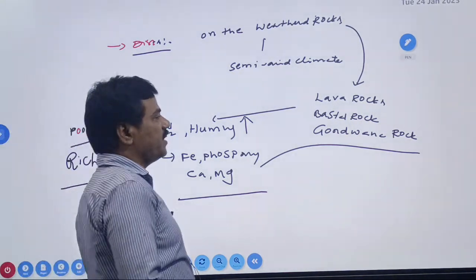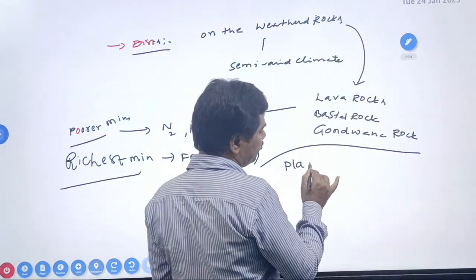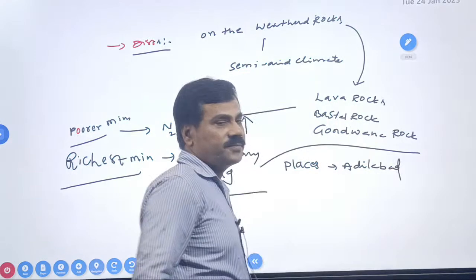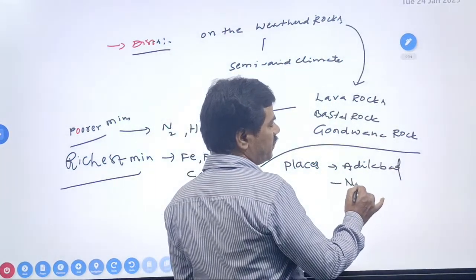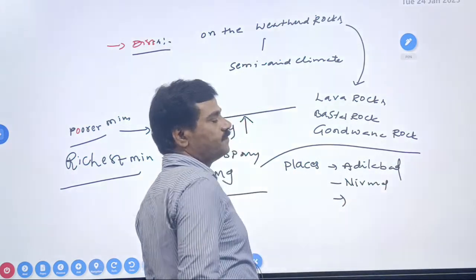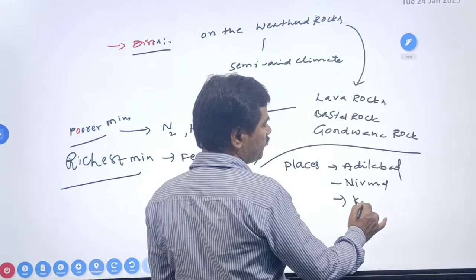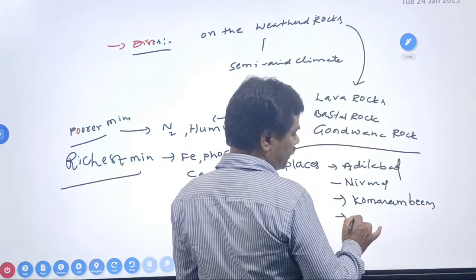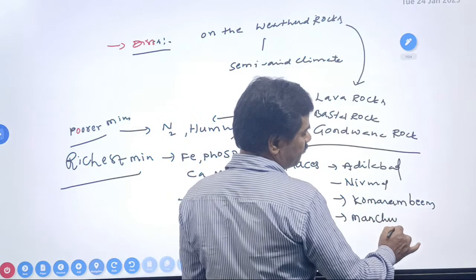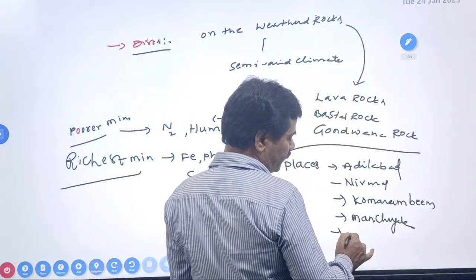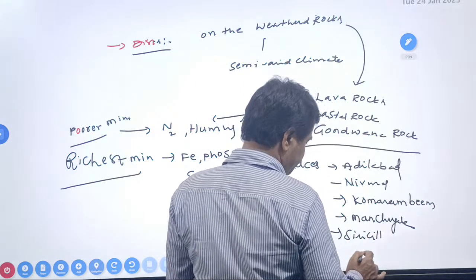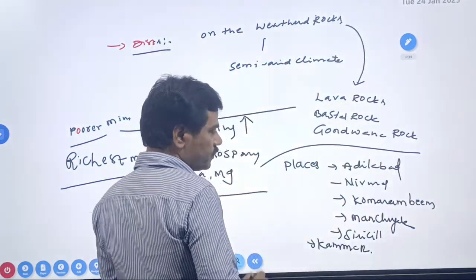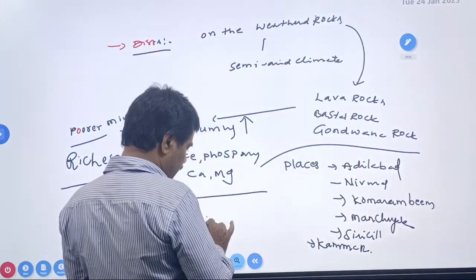These are the names of the places in Telangana: Adilabad, majorly Adilabad, and also Nirmal, Komaram Bheem, Manchiryala, and also Sirisilla, Kamareddy, Narayanpet.